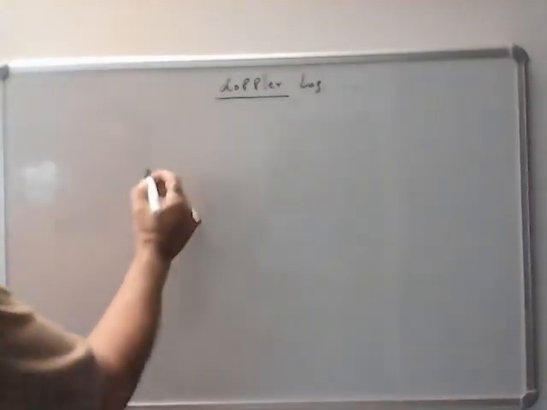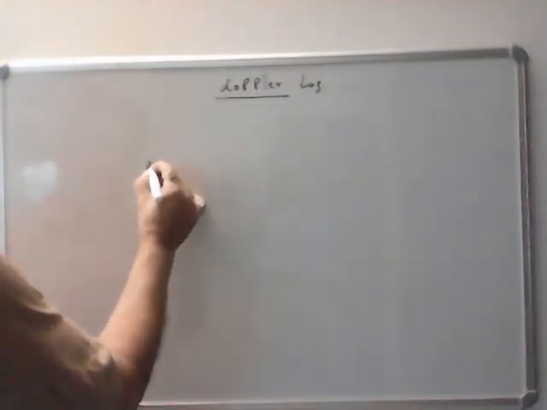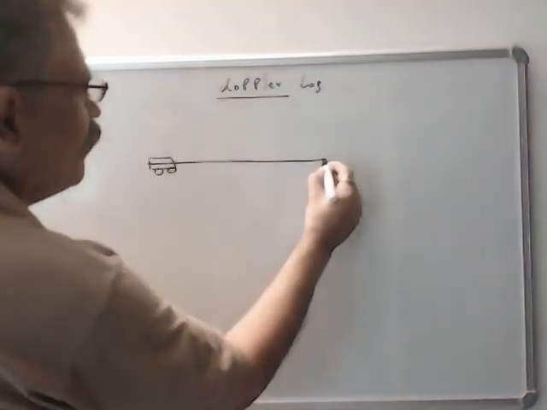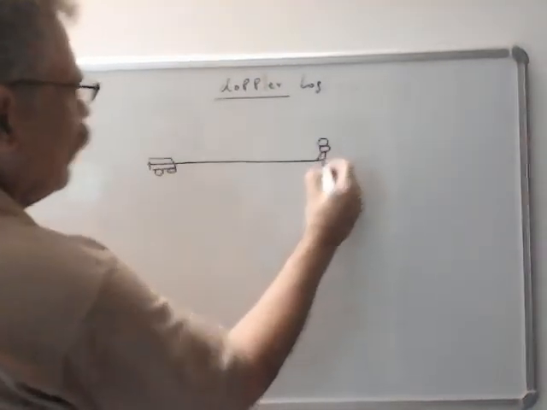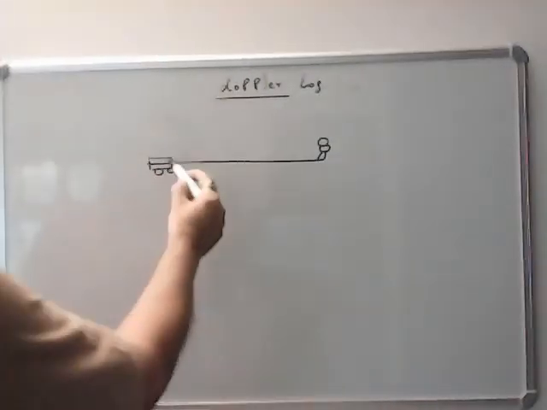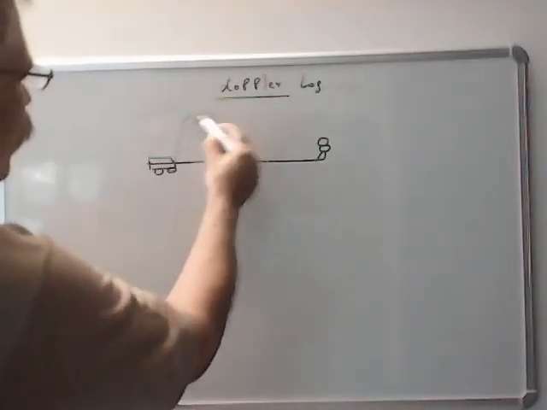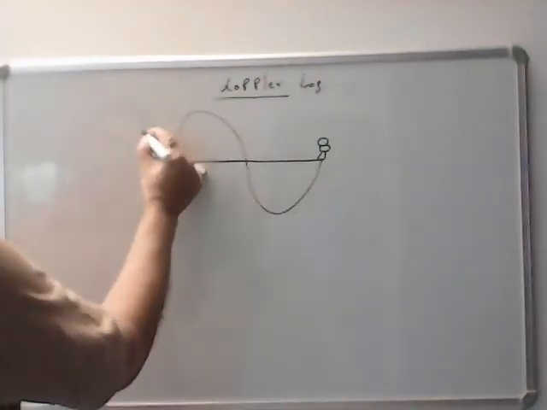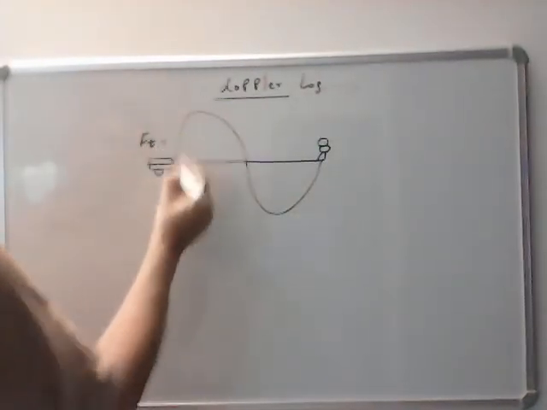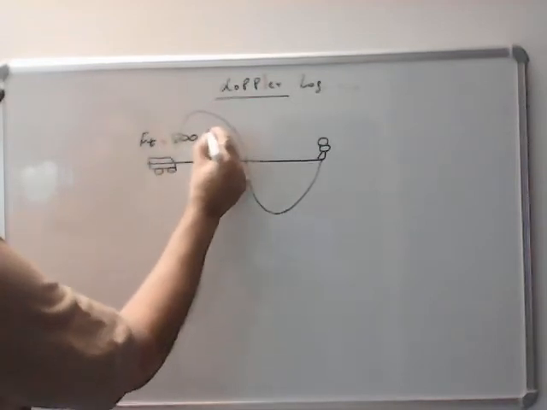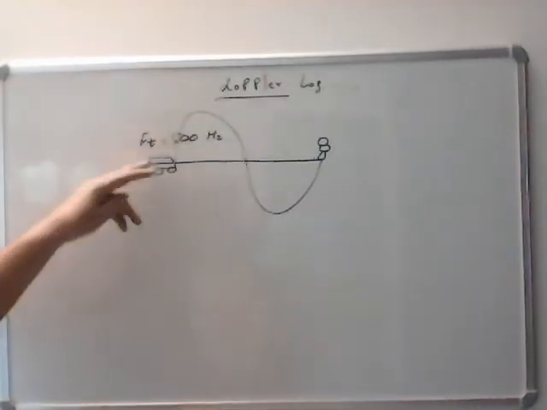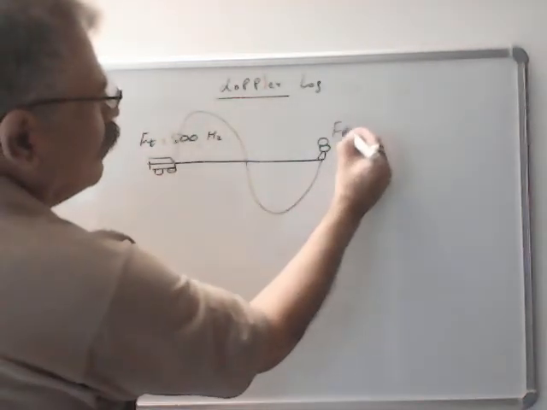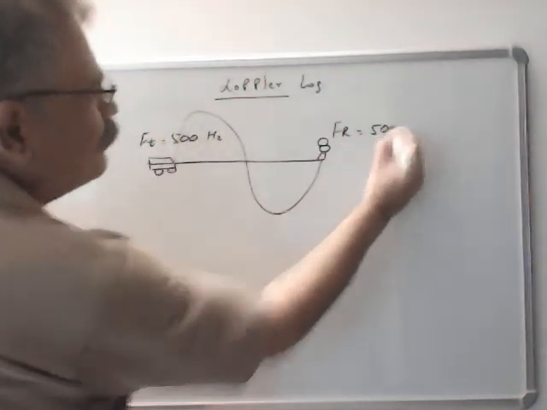For example, if you have a train which is stopped and you have an observer here, the train blows a whistle and the observer gets a sound wave like this. So if the frequency transmitted is fixed, let's say 500 hertz, and the train is stopped, the frequency received by the observer is also the same.